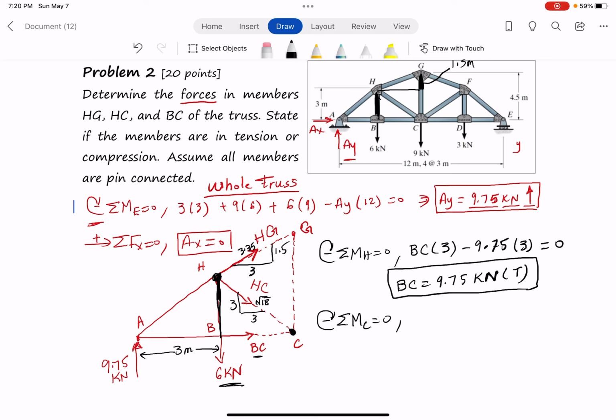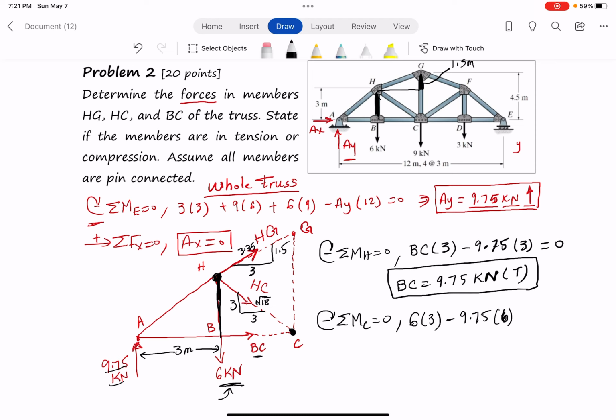This time you could include 6 kilonewton: 6 times 3, and this 9.75, it is negative, times 6. And now HG.